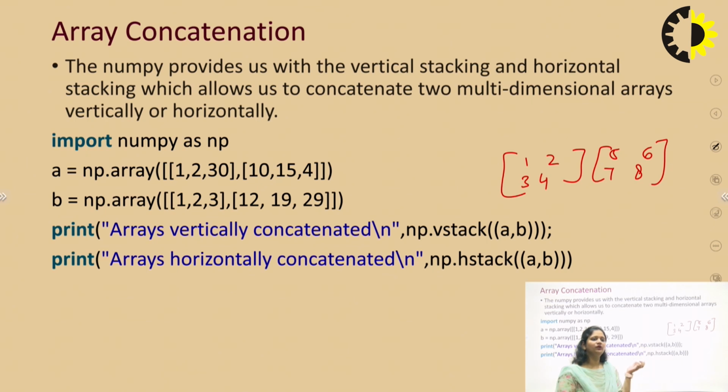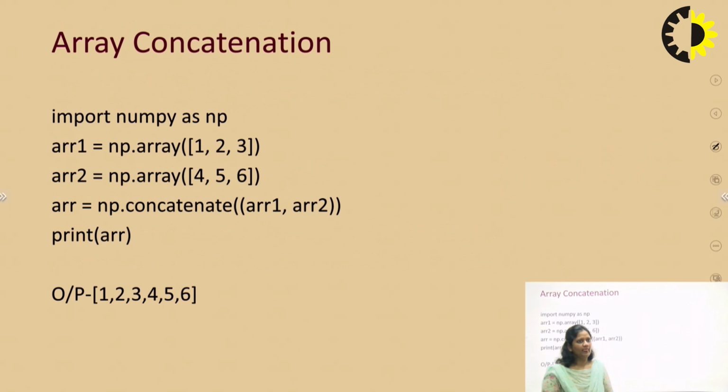Now, to concatenate these two arrays, we write np.vstack, that is vertical stack. After that, we use hstack, for horizontal stacking. In vertical stack, the arrays are stacked vertically, and with np.hstack, the arrays are concatenated horizontally.